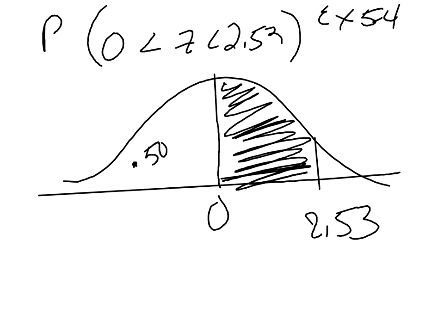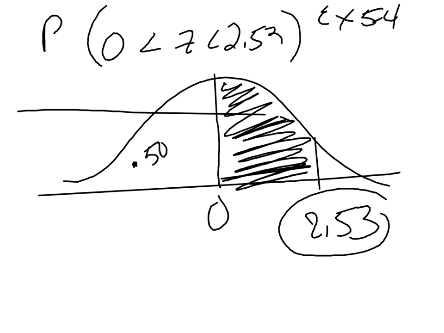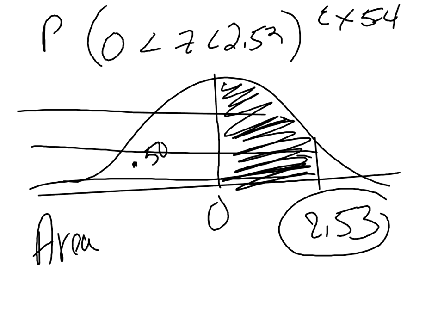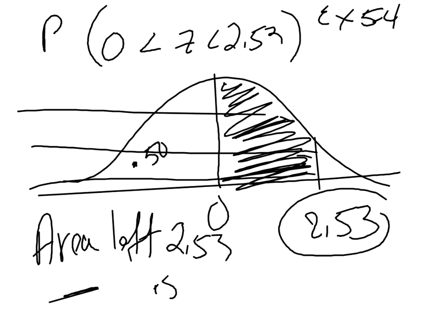In order for us to use the table, we can go right to the table and find the z value associated with 2.53, but that's going to give us all the area to the left of 2.53. But once we get that area to the left of z equals 2.53, we'll simply subtract 50%, or 0.50, from it.